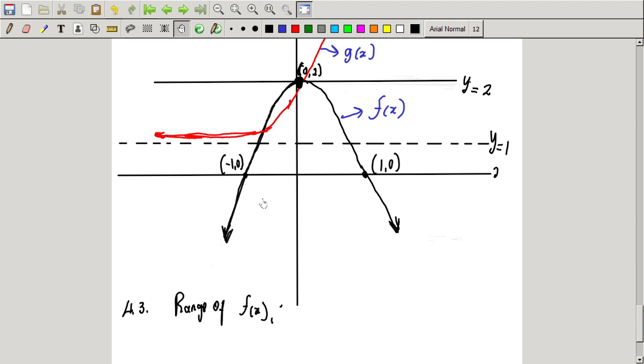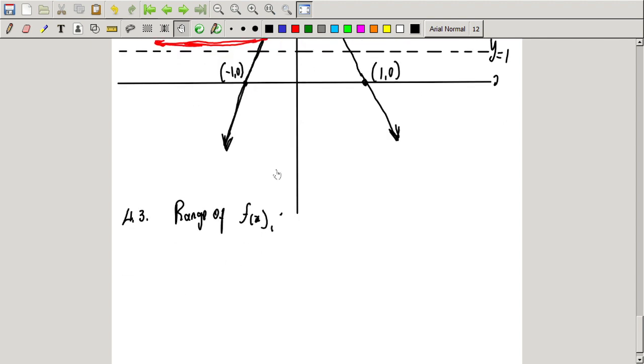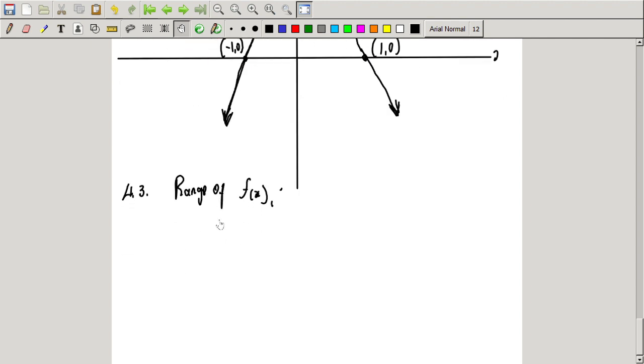So the range is all the y values of the function. So the range is y is less than or equal to 2, because all the coordinates are less than 2.